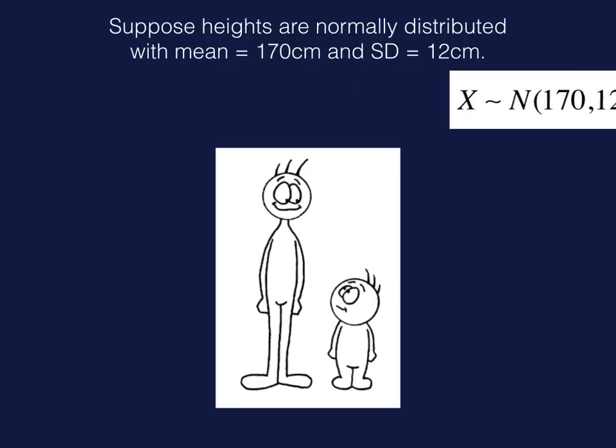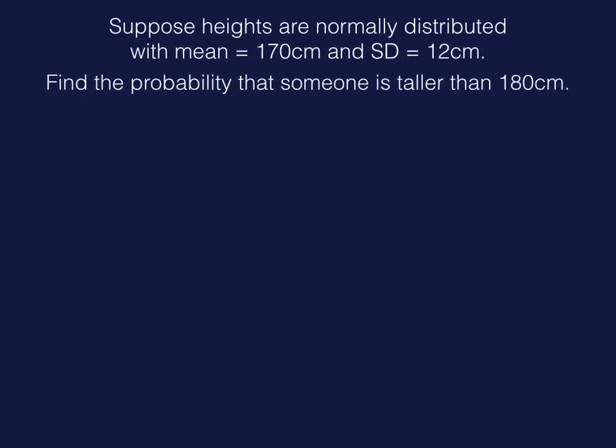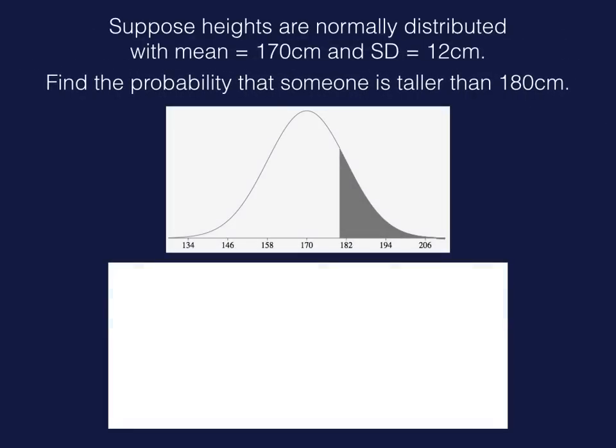All right, so the distribution looks something like this. It's centered on around 170. And I want the area to the right of 180. That's the probability that somebody is taller than 180.